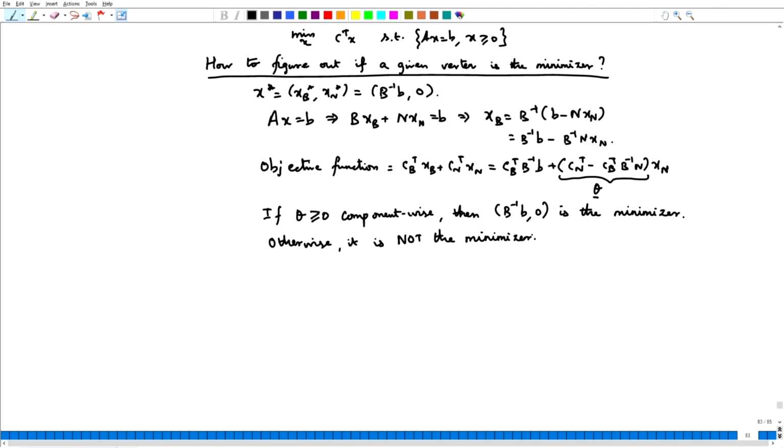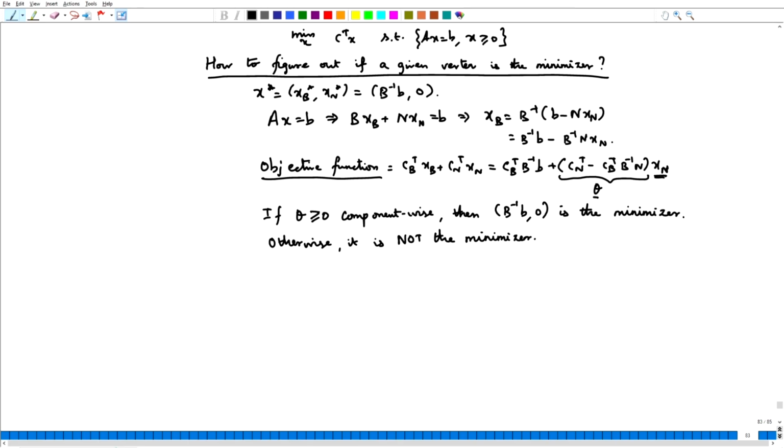Okay. So, you should ask why, right. That is easy to see because suppose this theta vector whatever you have is positive, every element is non negative, right. So, if you increase the value of xn, instead of 0 you make it positive, then you are only increasing the value of the objective function, right.